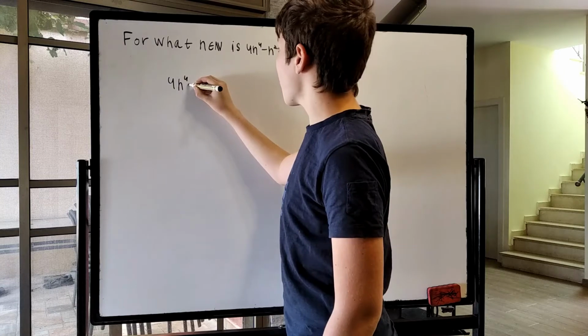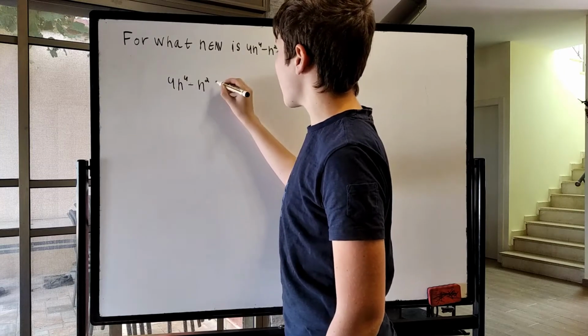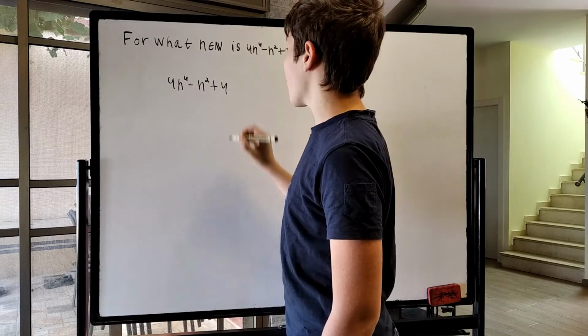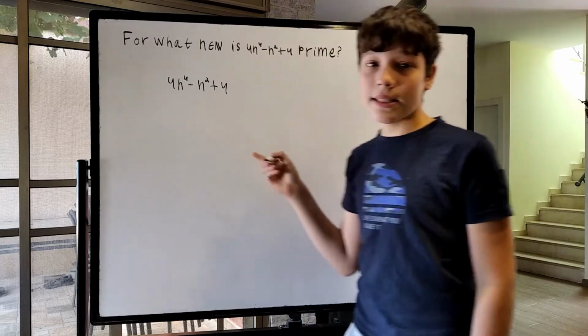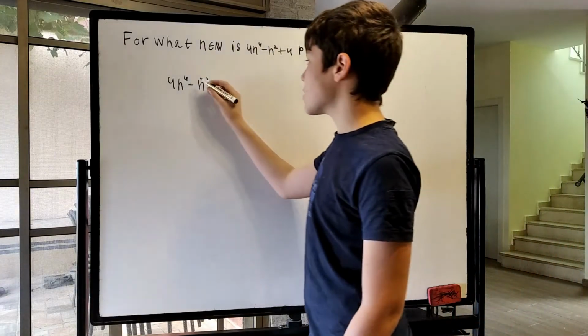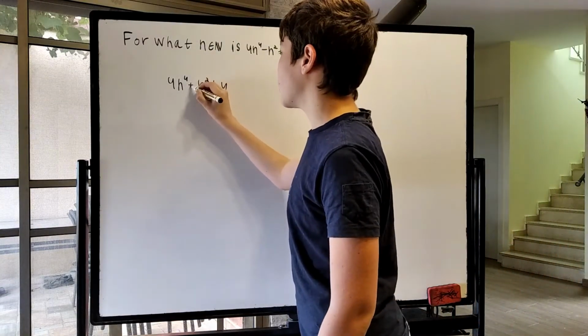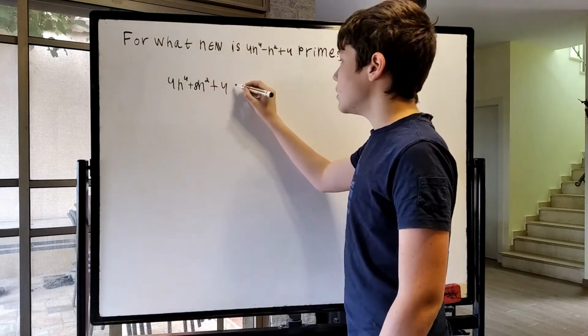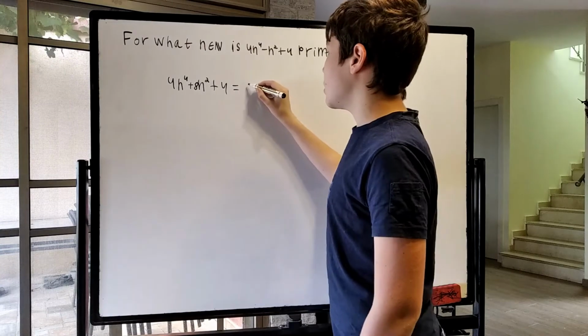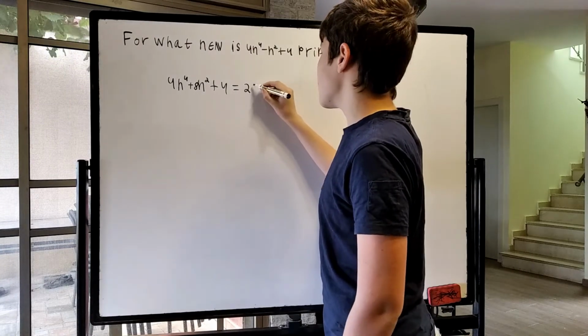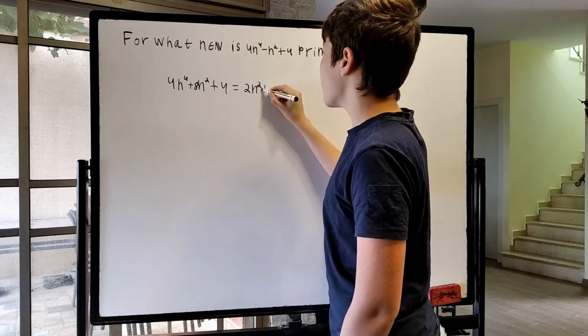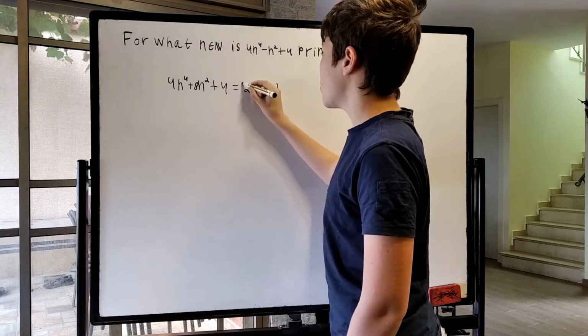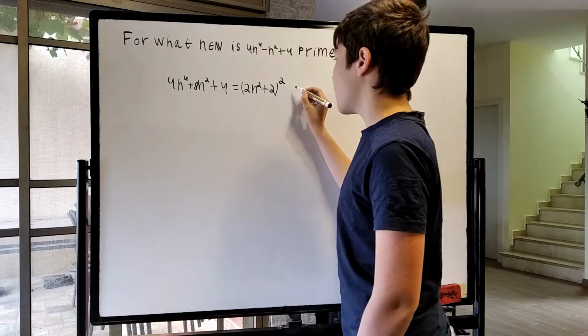4n to the fourth minus n squared plus 4. And you can see it's very close to something squared. If we just change this minus to plus and put an 8 in front of this n squared, we can now see that this is 2n squared plus 2 all squared.